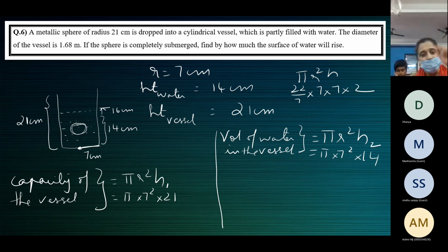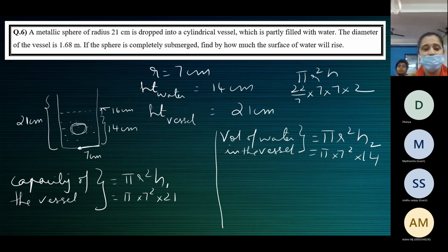If you didn't drop anything, it will stand at 14. You dropped something, so the height becomes 16. What is the difference in height? 2. The 2 increases because of this object. So pi r square into 2 will be the volume of this object.